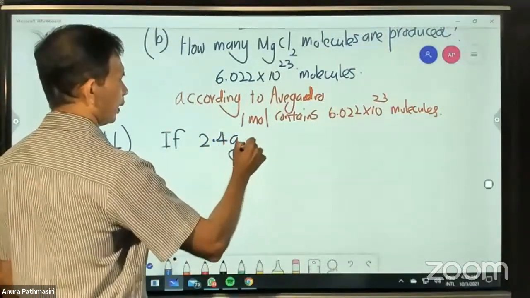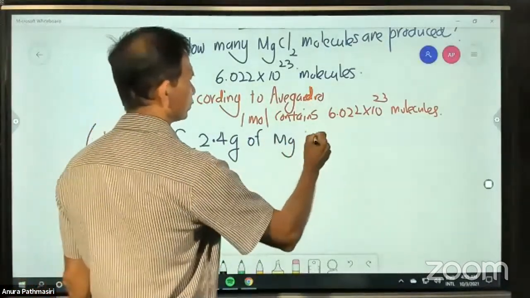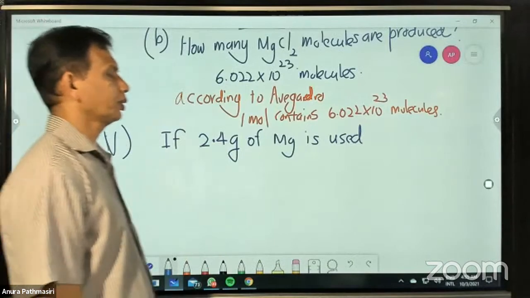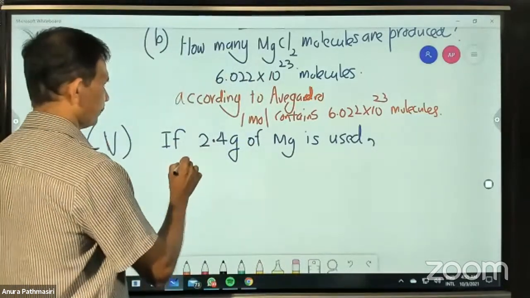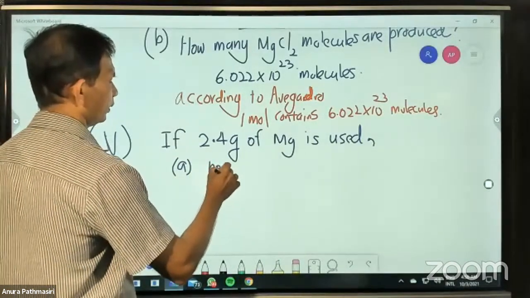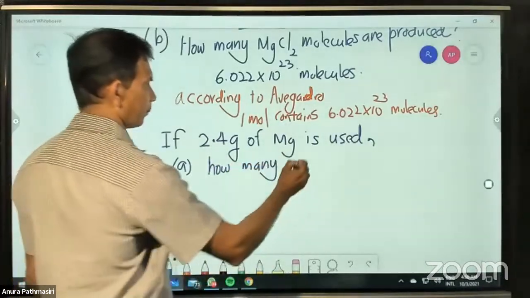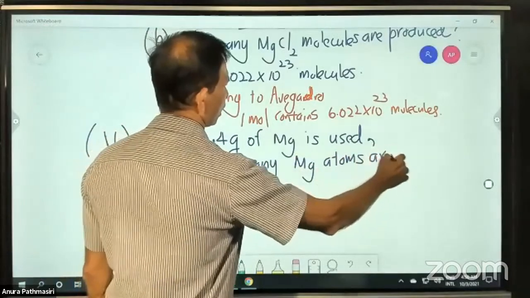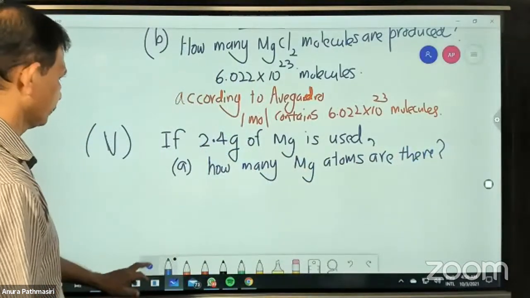If 2.4 gram of magnesium is used, simple A, how many magnesium atoms are there?